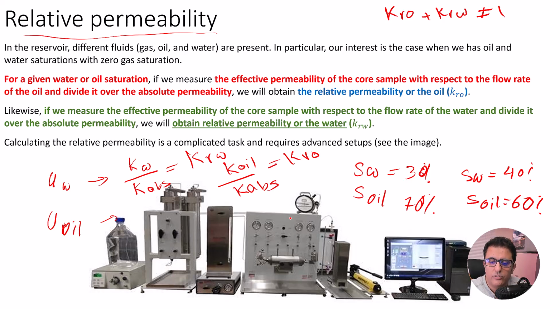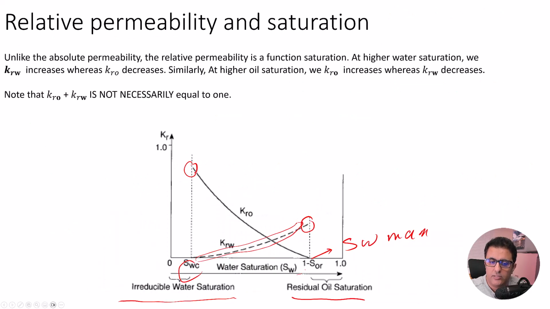So usually, when companies want to assess the reservoir, they take some core samples from the reservoir rock, put them in this sample holder, and obtain curves like what you see here in order to have a better idea about the fluid displacement within the reservoir.